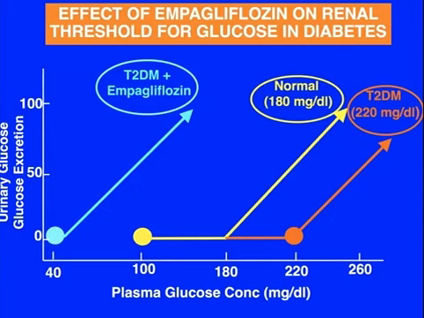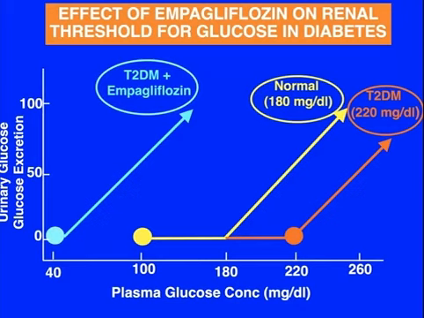Now, because we're lowering the threshold to less than the fasting glucose, there is no such thing as a non-responder to the SGLT2 inhibitor class of drugs in people with type 2 diabetes, unless, of course, they have very advanced renal failure and their kidneys are not working very well and they have very low glomerular filtration rates.